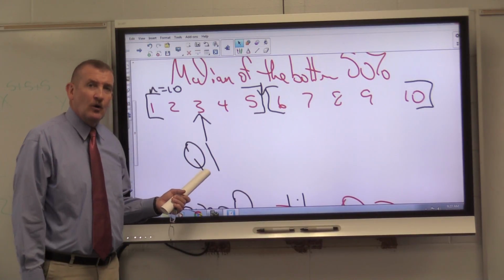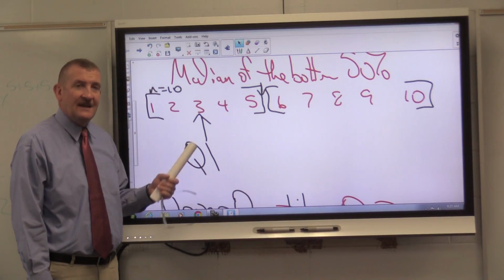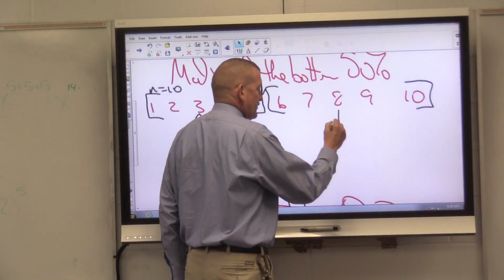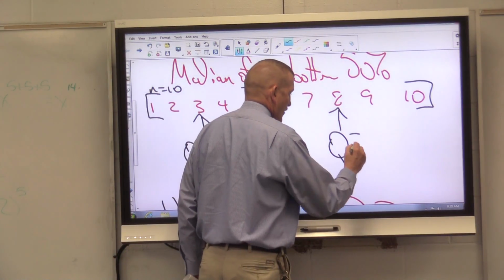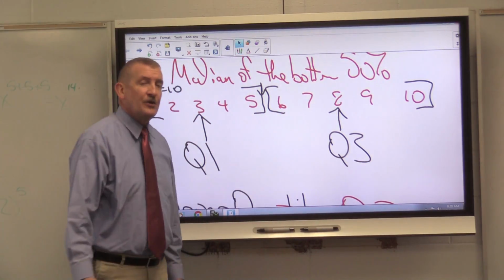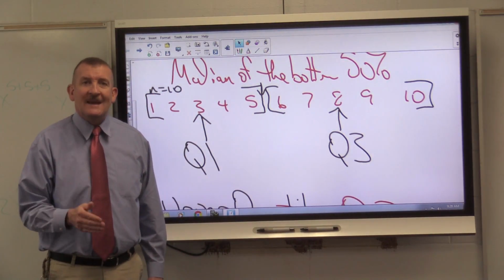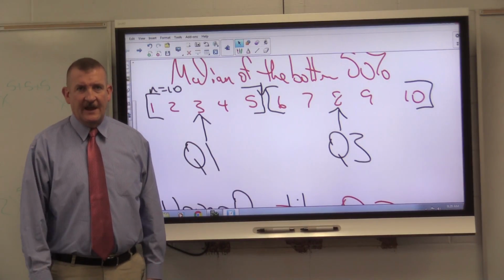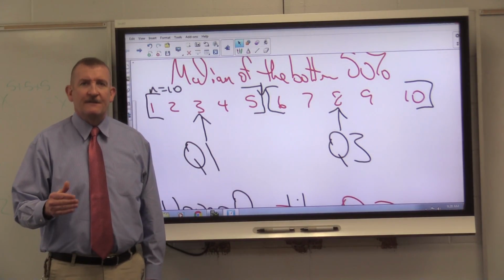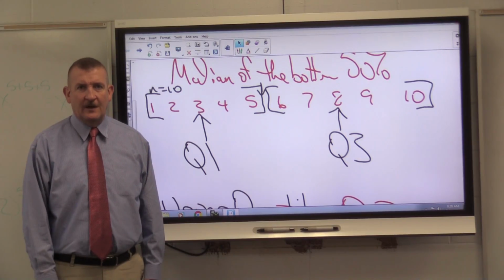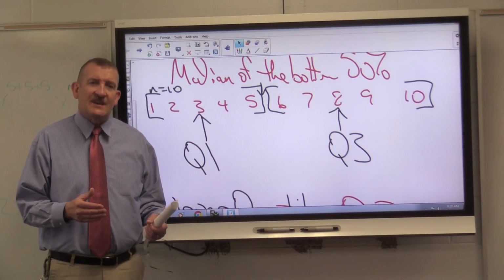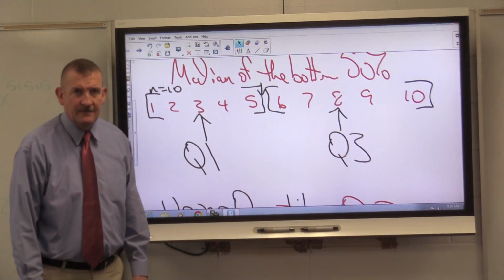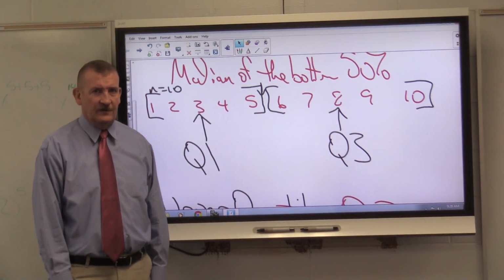If your lower or first quartile is the median of your lower 50%, hopefully it's not a stretch to understand that your upper or third quartile is the median of your upper 50% of your data. Okay? So that's how you get your lower and upper quartiles.